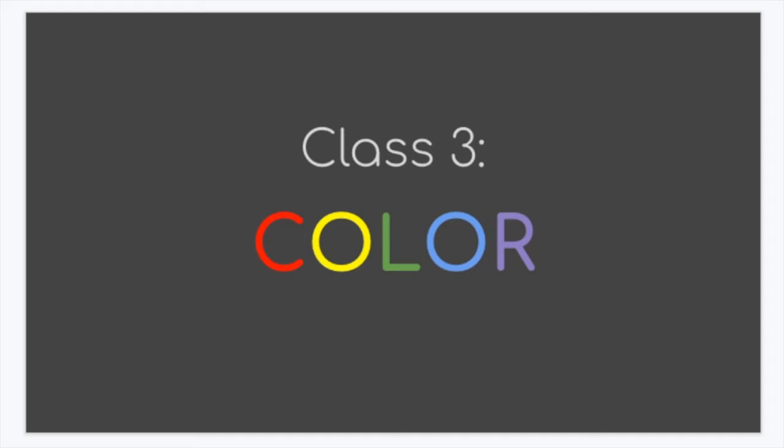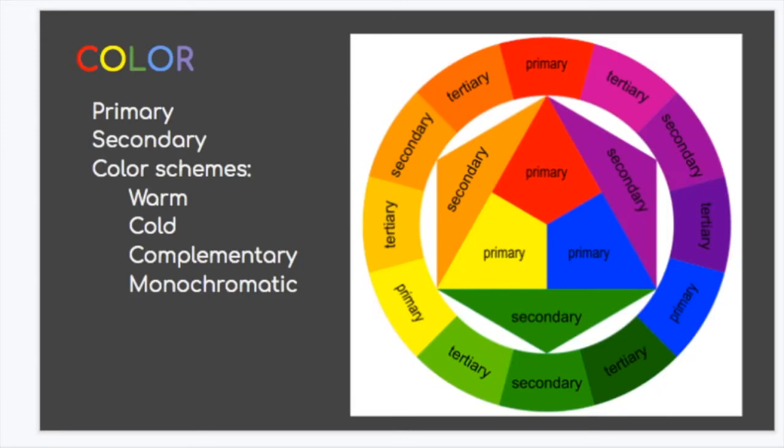So let's start with the very, very basics. Here's a color wheel, like a cool color 20-sided die in the middle. I don't know. So your basic color schemes are primary, secondary, and then like some warm, cold, complementary, monochromatic. So primary, most of us already know.